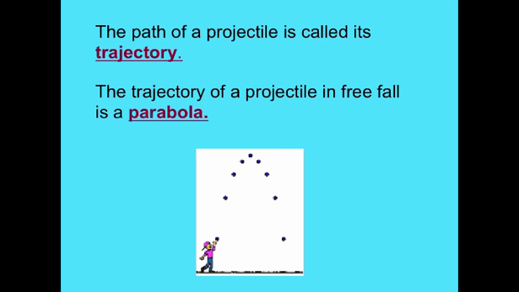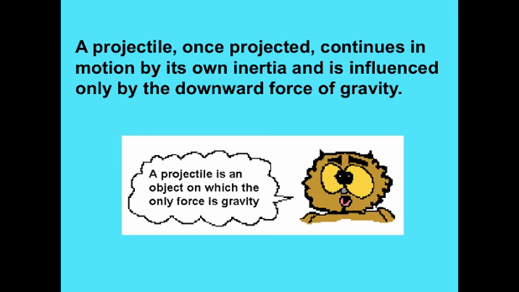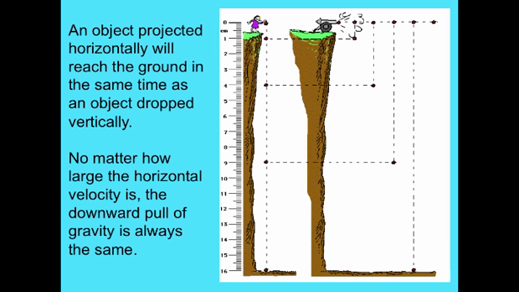The shape of a projectile is called a parabola. And that's just going to be the curve that it makes, and you've heard that term in your math class. And so that's going to be the shape of a projectile. All right, so we have an example of a girl dropping a ball, and if she drops it straight down, it's undergoing free fall.